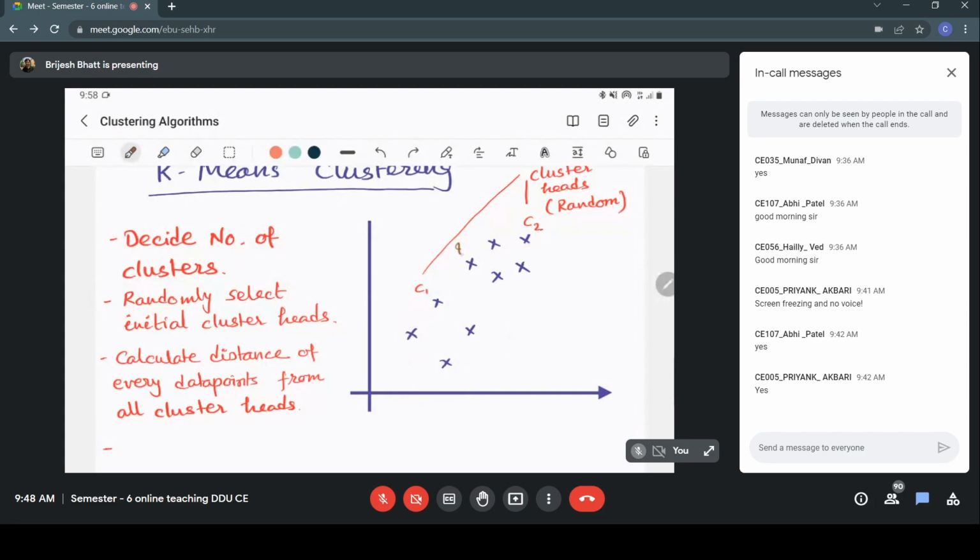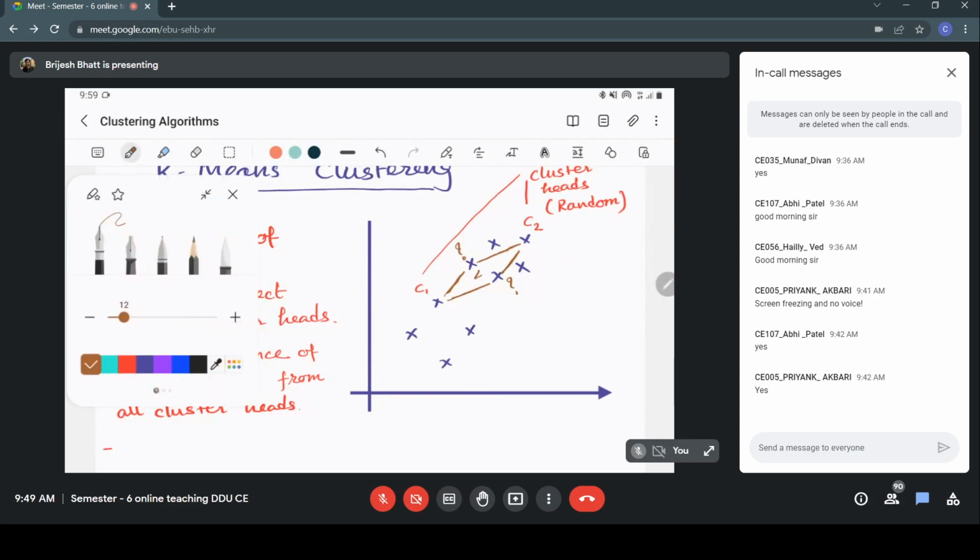For this one, this distance is less than this distance, and for this second case, this distance is greater than this distance. So in your first iteration, you might get clusters like this.